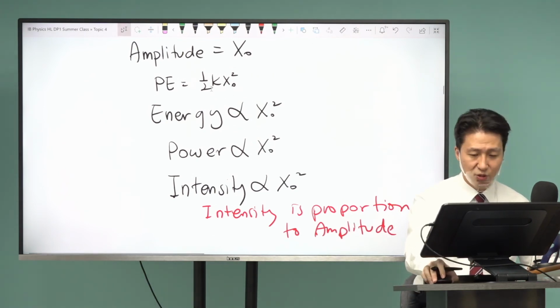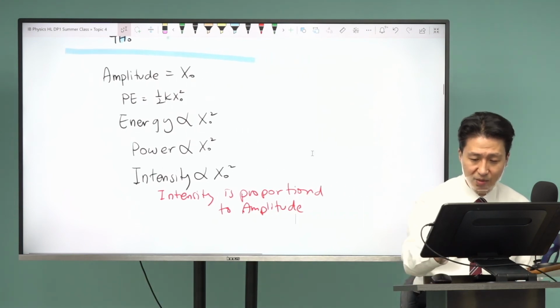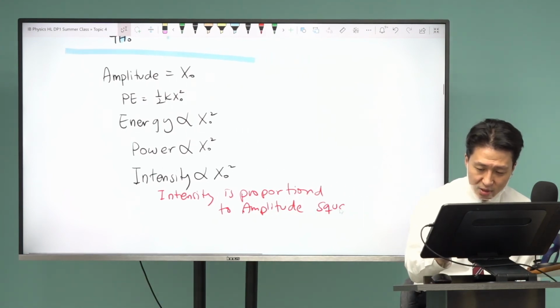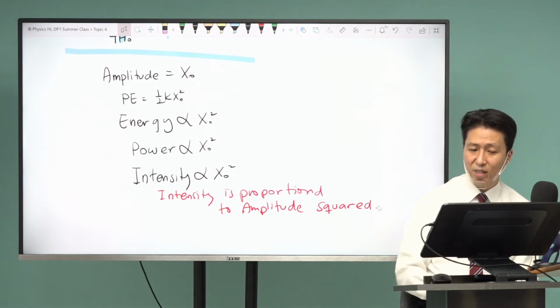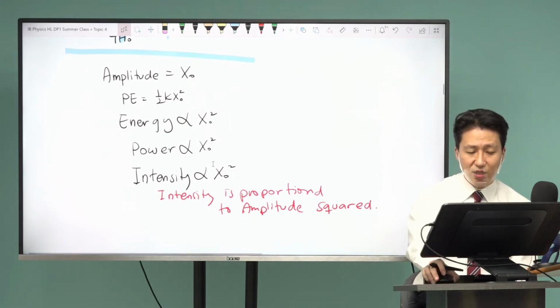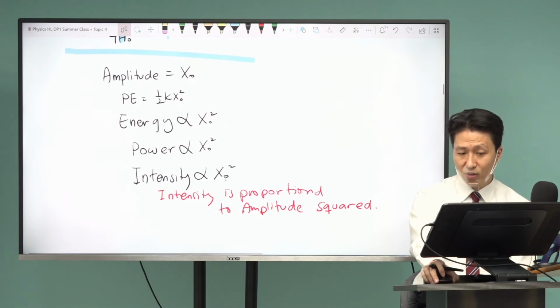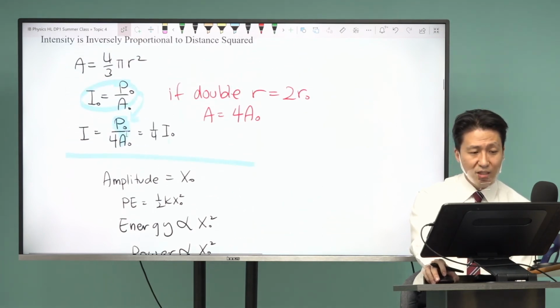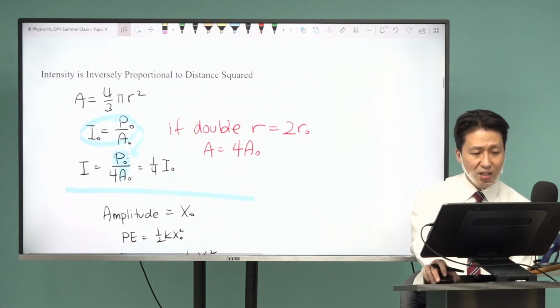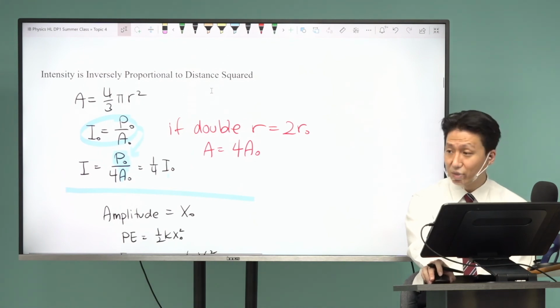And I'm going to zoom out so I can write everything here. And intensity is proportional to the amplitude squared. The intensity is inversely proportional to the distance squared, right?